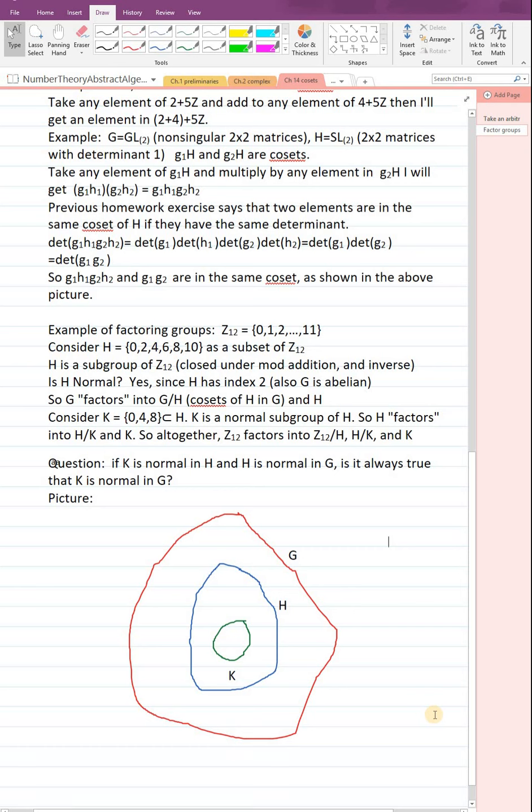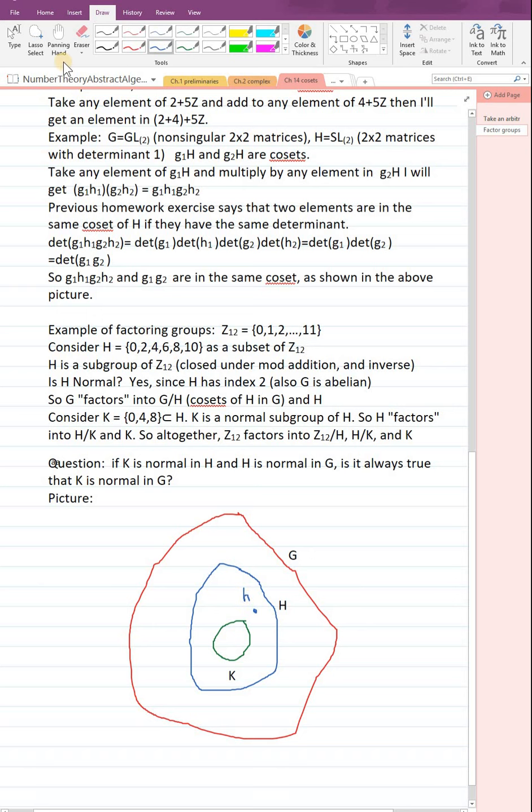It means that if I take some element here, I'll call that little h.